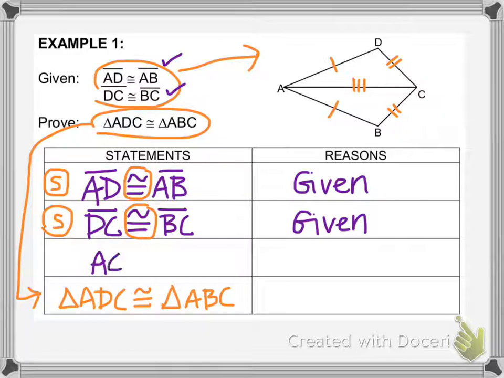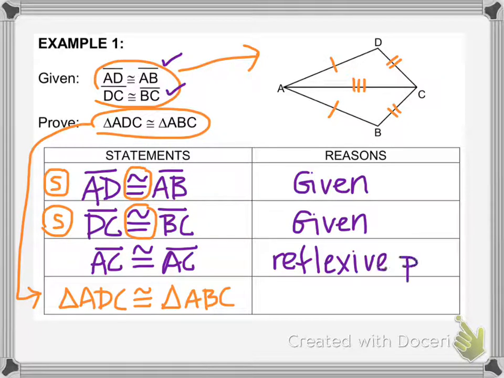So we'll say that AC is congruent to itself, AC. Anytime something is congruent to itself, the reason is the reflexive property, and you can just abbreviate property.